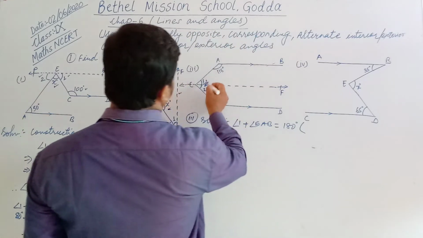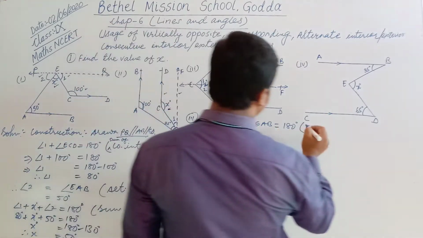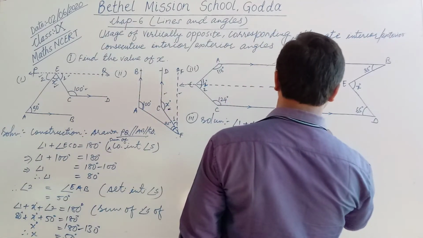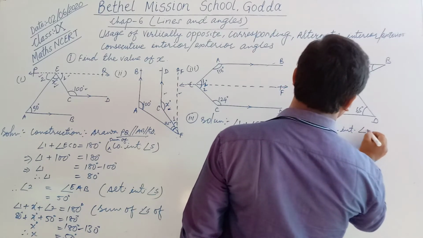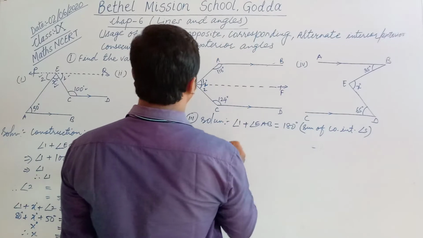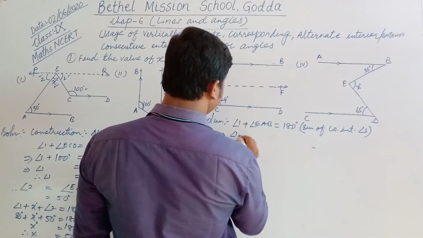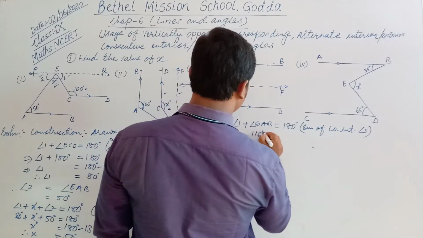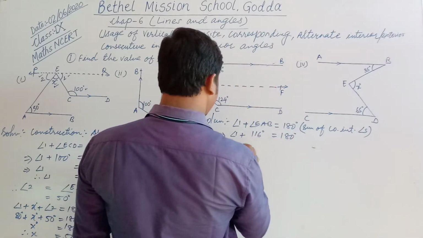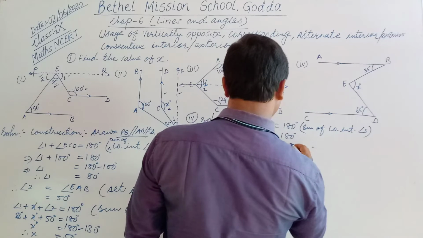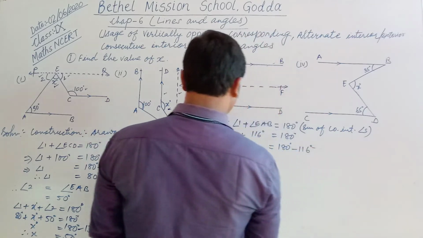Why? Because they are on the same side of the transversal. So here we'll write sum of co-interior angles. Angle 1 plus 116 degrees equal to 180 degrees, or angle 1 equal to 180 degrees minus 116 degrees.